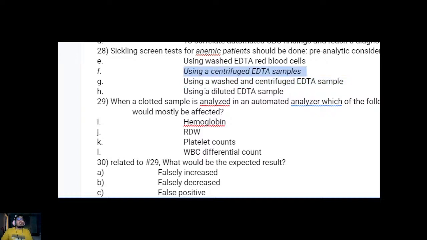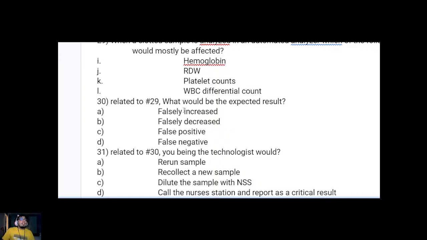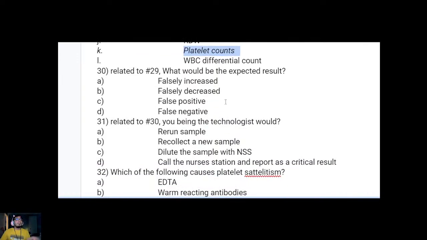Okay? Next. When a clotted sample is analyzed in an automated analyzer, which of the following parameters would be most affected? Clotted samples tayo. Is it WBC? Is it RDW? Marami sa inyo nag-intern, so obviously marami makakasagot. Platelet counts ang tamang sagot. Very good.